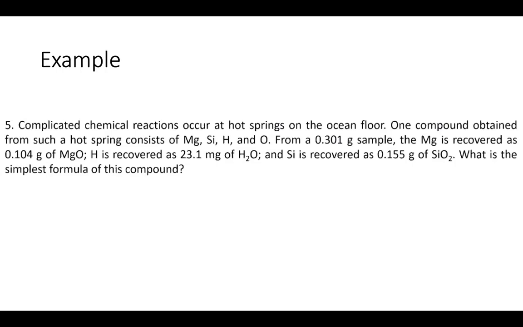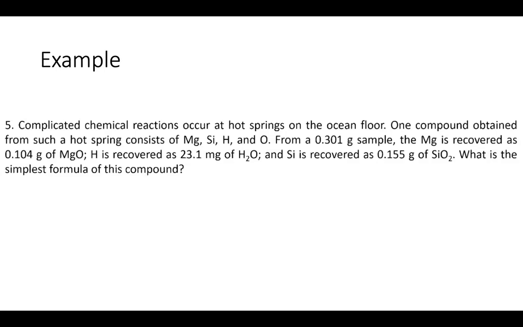From a 0.301 gram sample, the magnesium is recovered as 0.104 grams magnesium oxide. Hydrogen is recovered as 23 milligrams of water, and silicon is recovered as 0.155 grams of silicon oxide. What is the simplest formula of this compound?